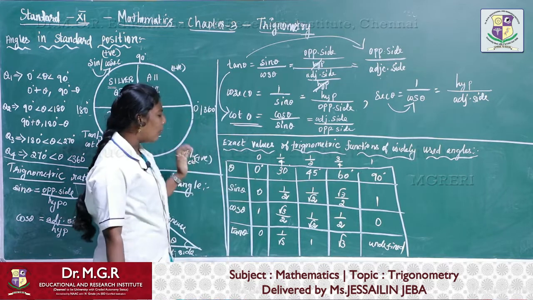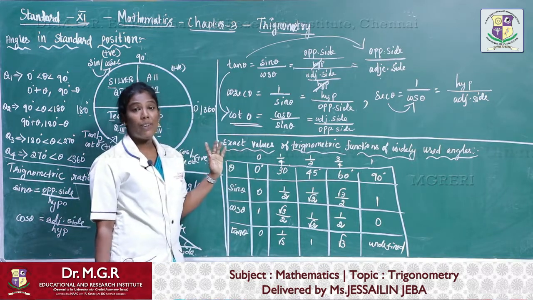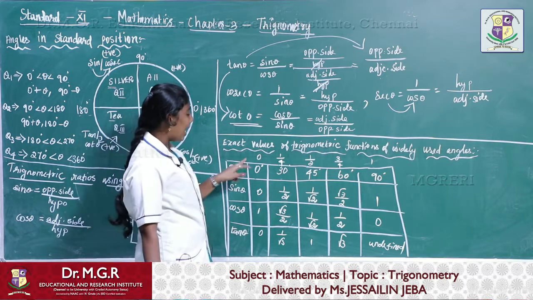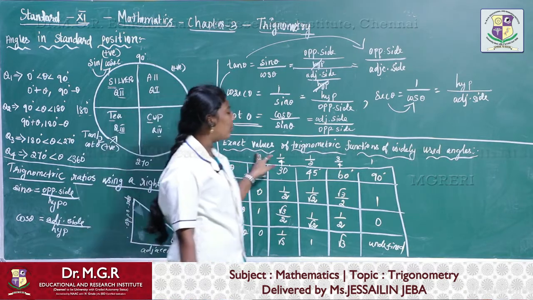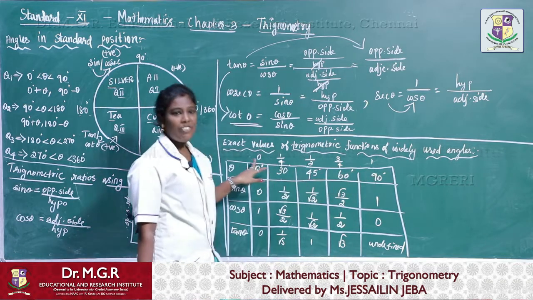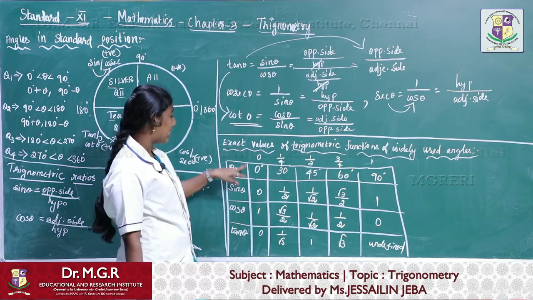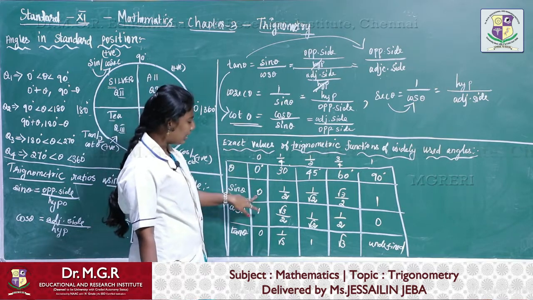Now how are we going to find the values for sine, cos, tan? First, take the square root of all these values. What answer comes? For 0 degrees, the square root of 0 is 0 only.